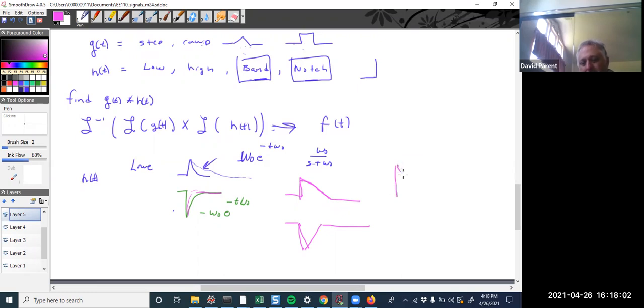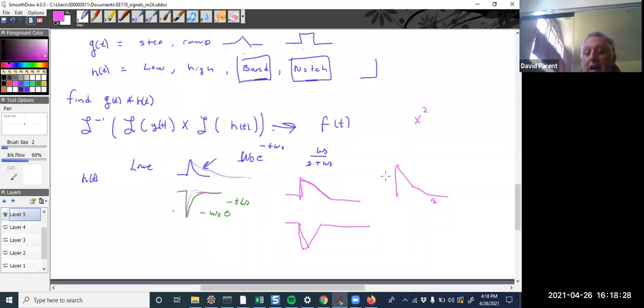Now, here's a shape. Let's see. I want x squared and I want that to be 1. That's harder than I want to do today.